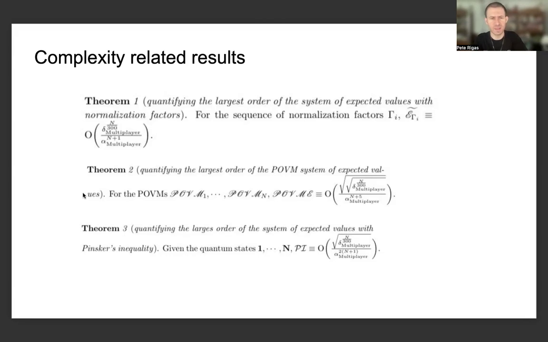And so this is given by the fact that for the first complexity theoretic result, we're again describing how to determine the big O upper bound or the big O order of some system of expected values.